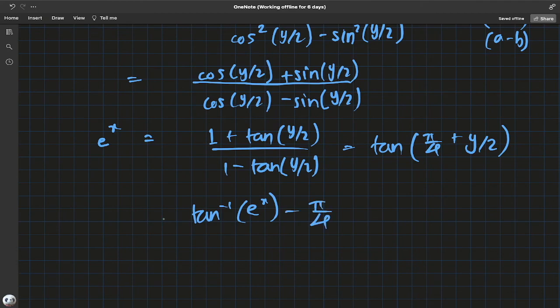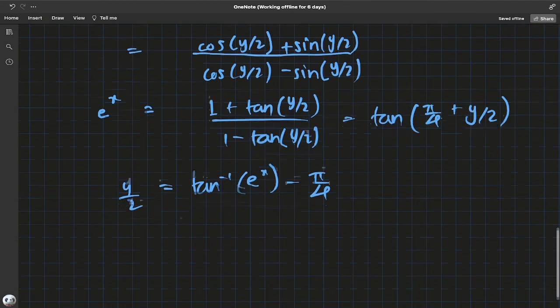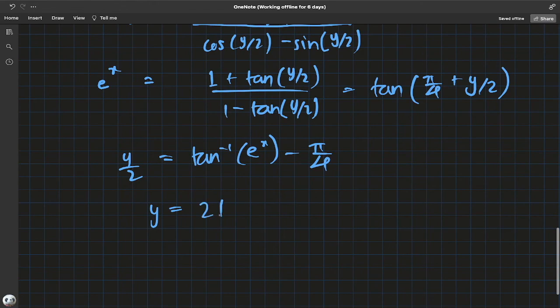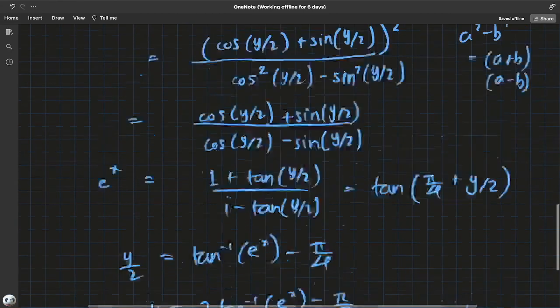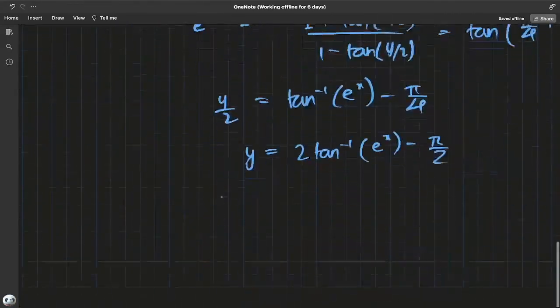Negative pi over 4 here and y over 2. So multiply by 2: y equals 2 inverse tangent of e to the x minus pi over 2. So yep, we have solved for y in terms of x. Again, be careful of the range of the inverse tangent. But yeah, that's pretty much it. That's the method of quadrature for you guys.